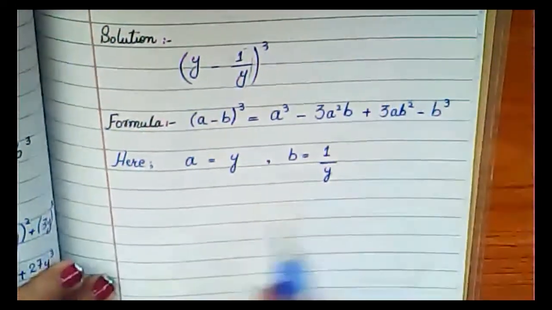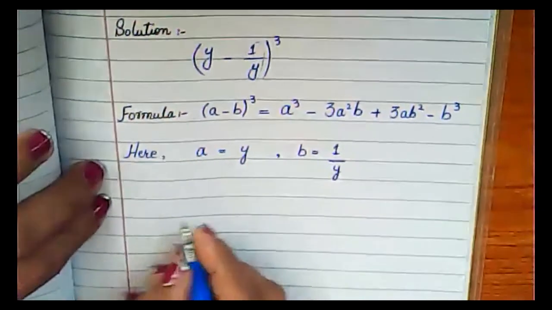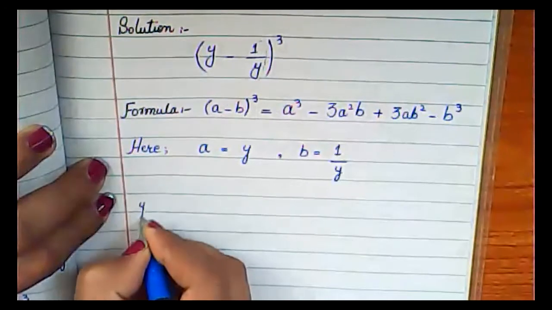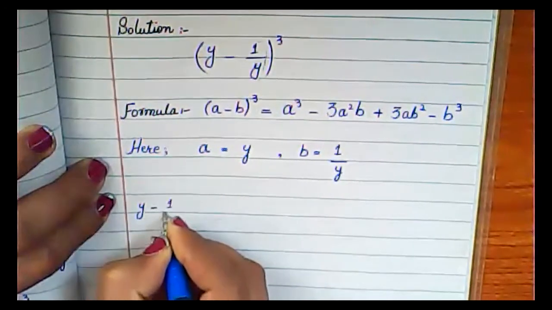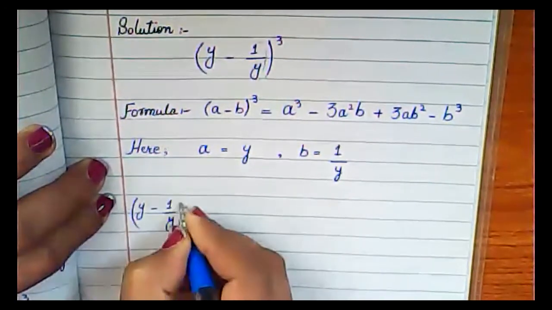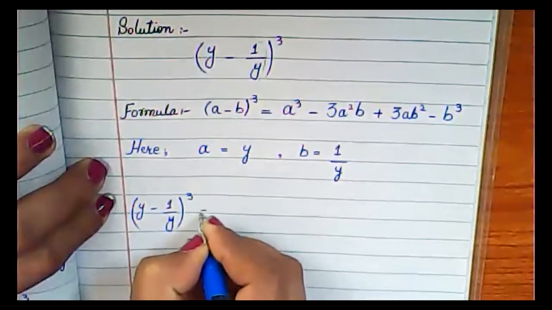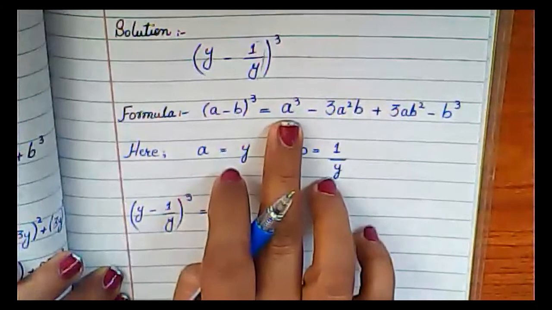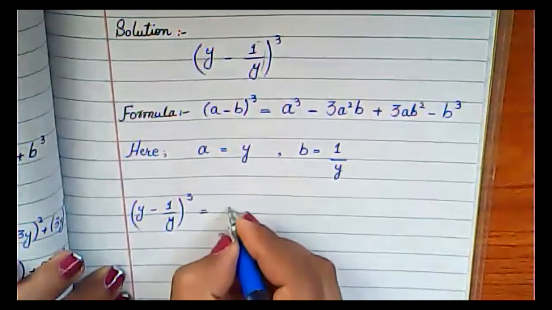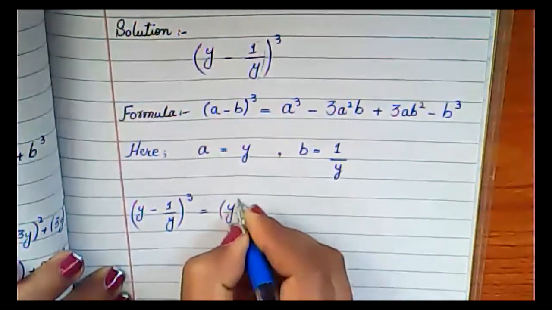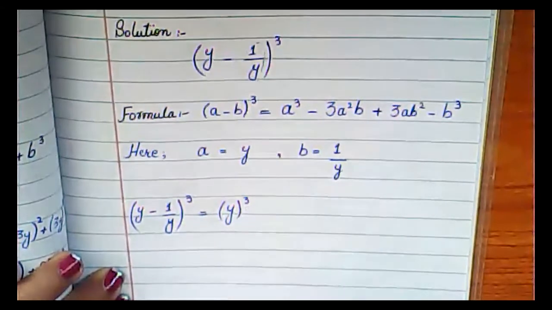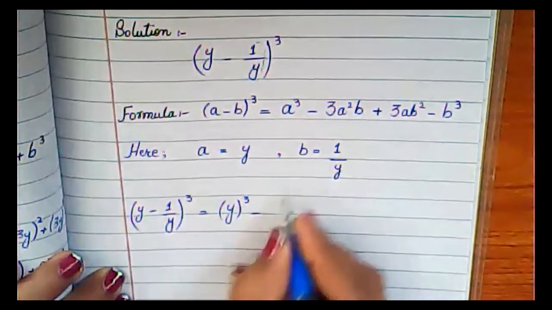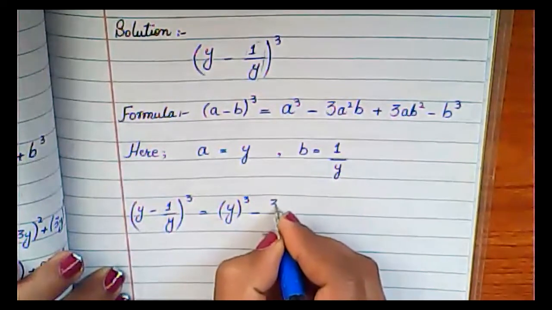Now we are moving towards the values. Here you have (y minus 1 upon y) whole cube is equal to, the cube of term A, which is y. So you will write here y cube, then the sign of subtraction, then 3.